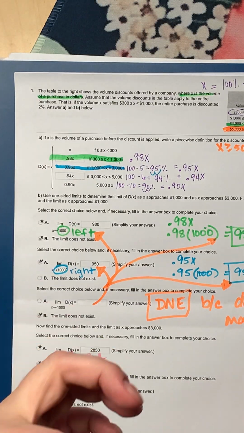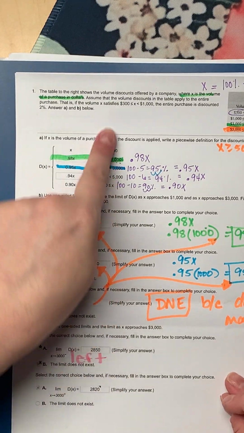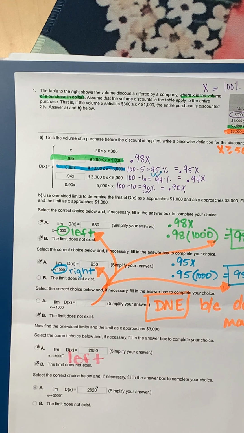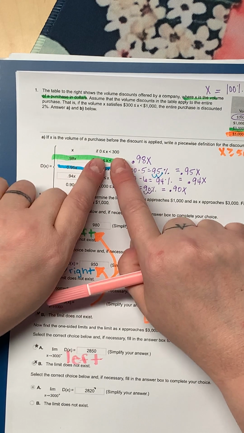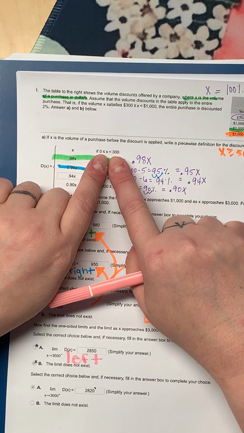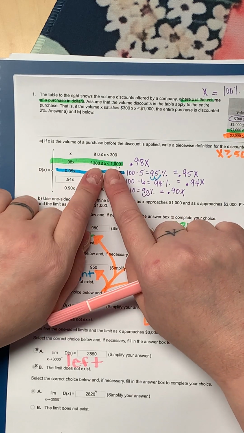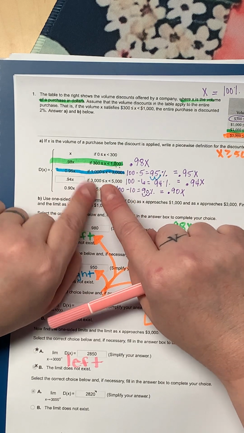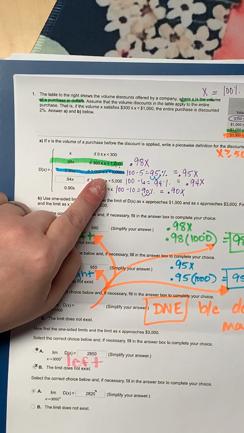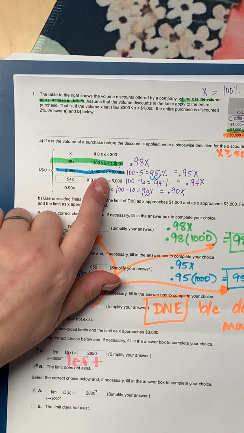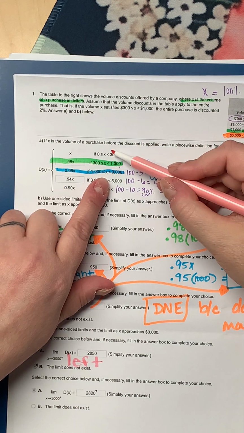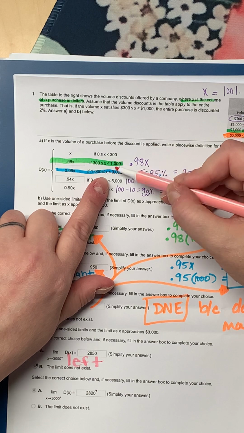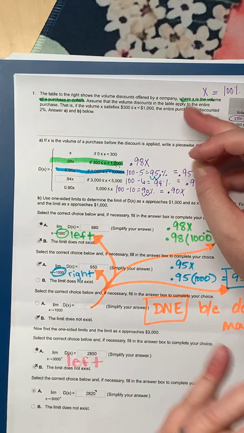So let's look up here in our equations for what describes left of 3,000. Well, 0 to 300 is left of 3,000. 300 to 1,000 is left of 3,000. But we want what is directly left of 3,000. So even though these first two are left of 3,000, we want to know what's directly left.